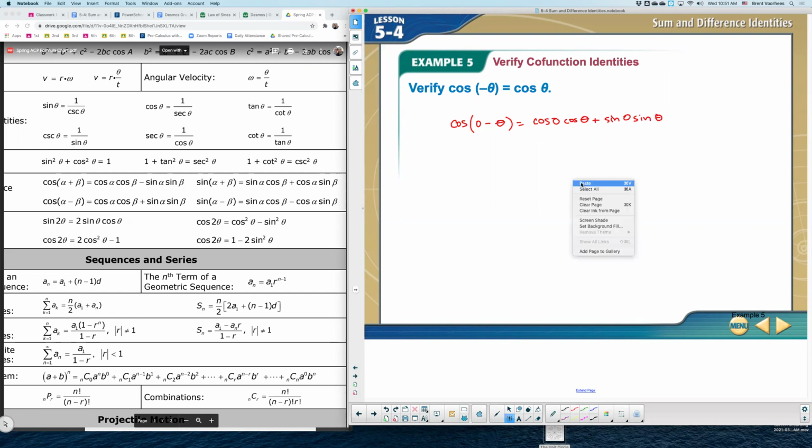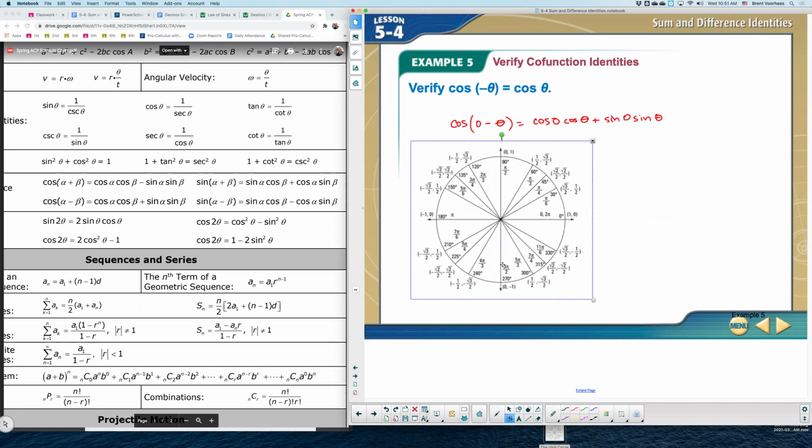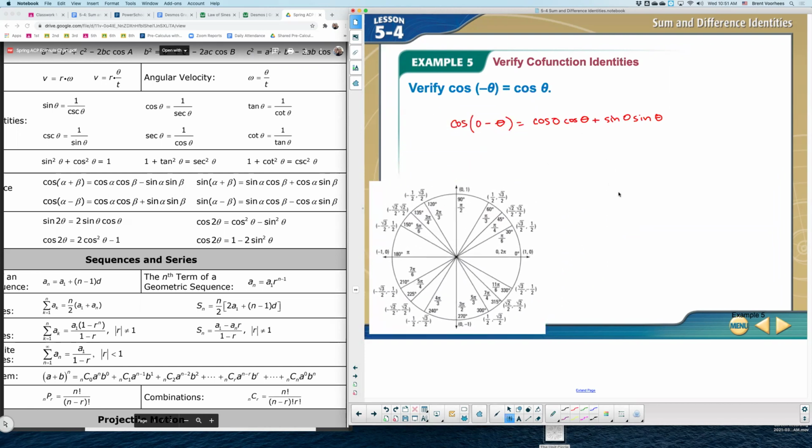Okay, now I want to paste here, I have a unit circle. And if we go to the radians of 0, let's see what these values are. At 0 radians, cosine is 1, which equals 1 times cosine theta plus, now the sine of it is 0, 0 times sine of theta.